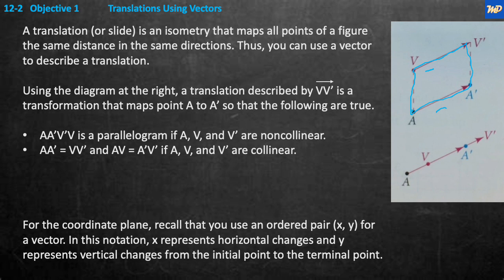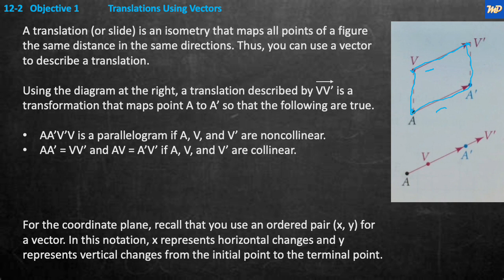So if A, V, and V prime are not in the same line, then it's a parallelogram. It creates a parallelogram by doing that shift. And A A prime is equal to V V prime, and AV is equal to A prime V prime if A, V, and V prime are collinear.